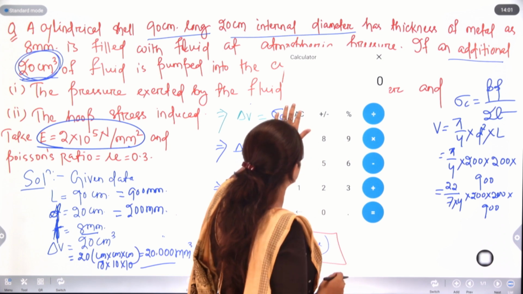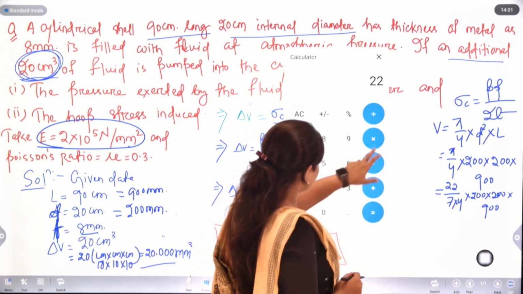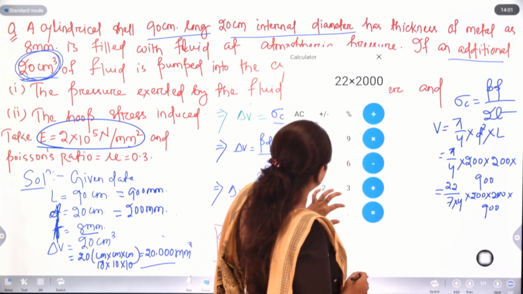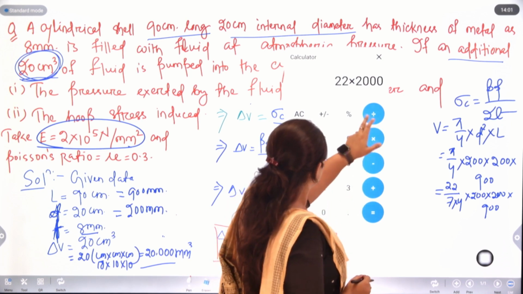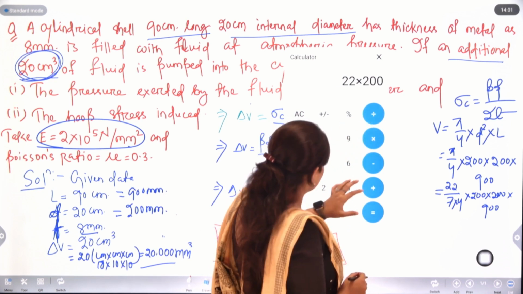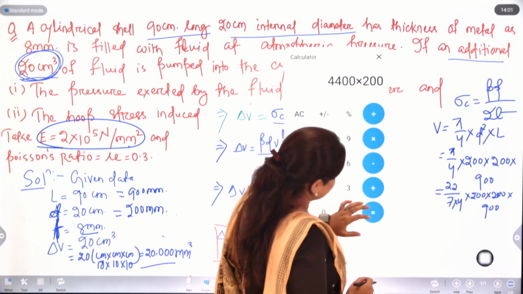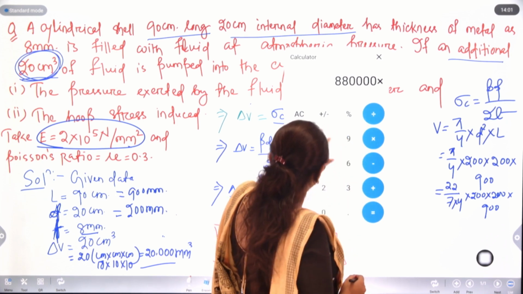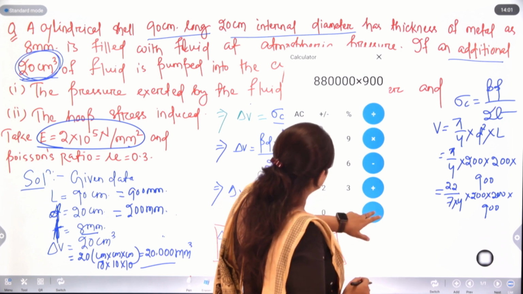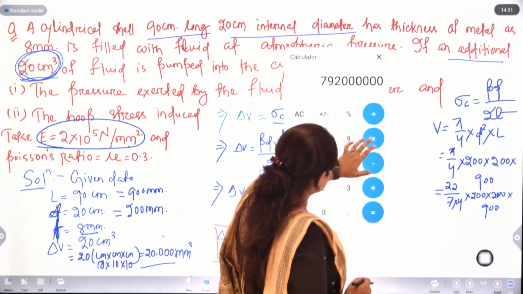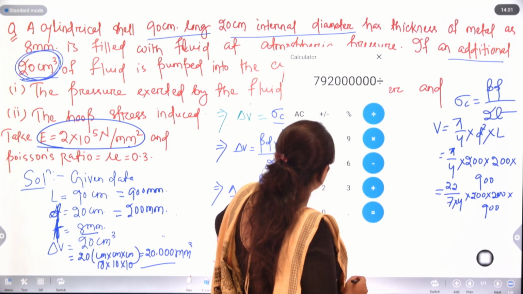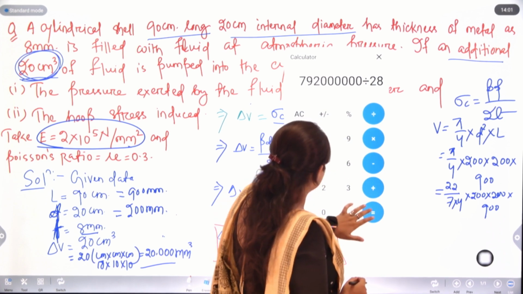Now what? 22 multiply with 200 multiply with 200 into 900. This much divided with 28.